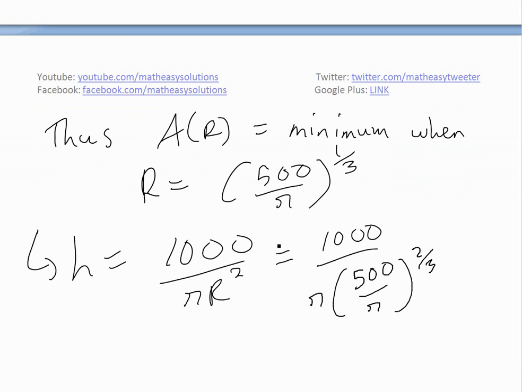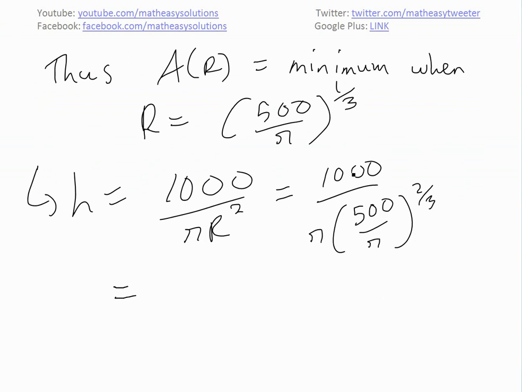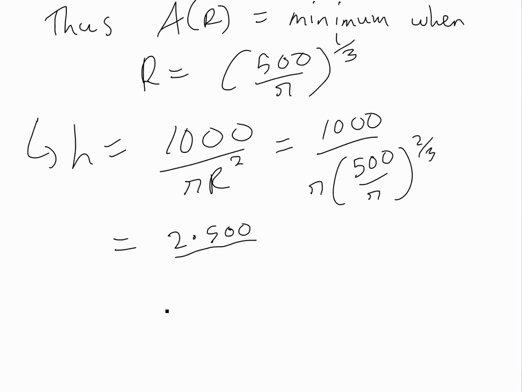We can simplify this further with a neat little trick. Make these into like terms inside the 2 over 3 power. So we have 2 times 500 divided by pi, and then split this up. We get 500 to the power 2 over 3, divided by pi to the power 2 over 3.